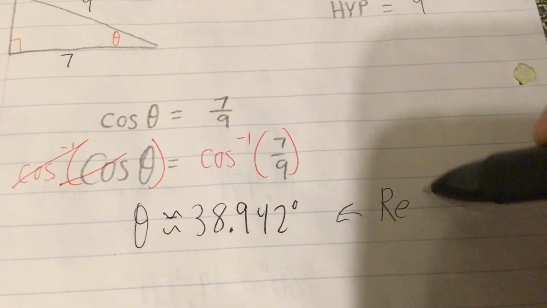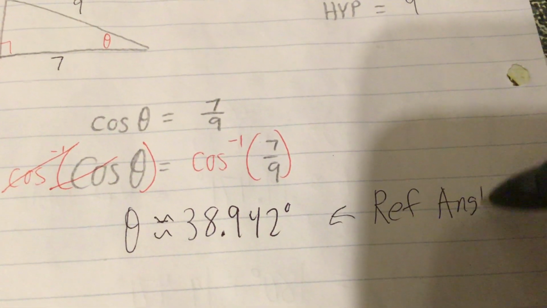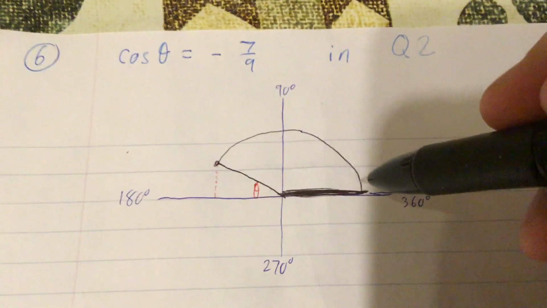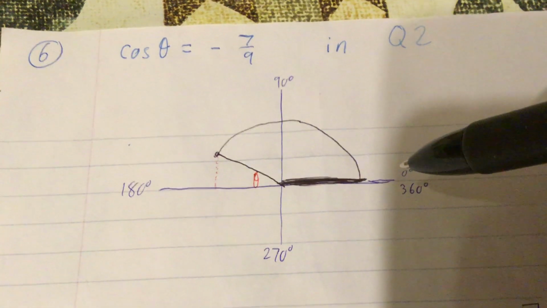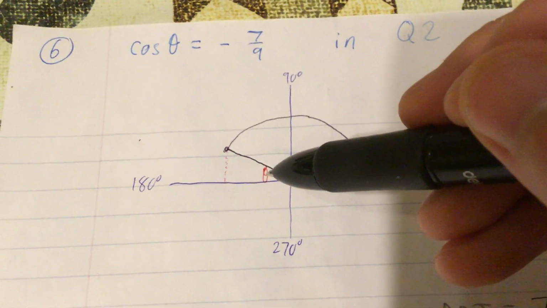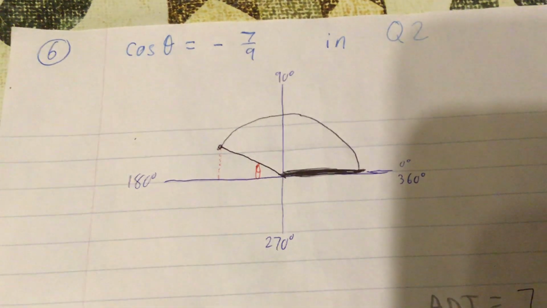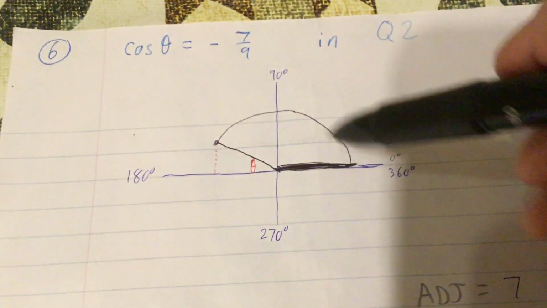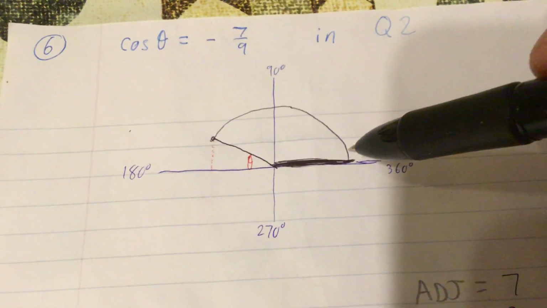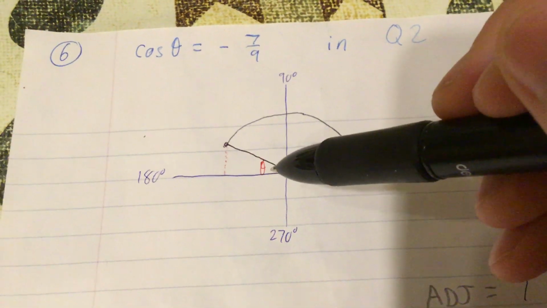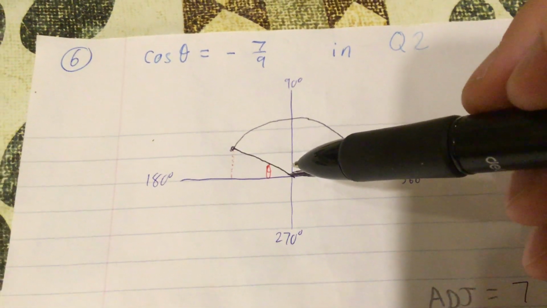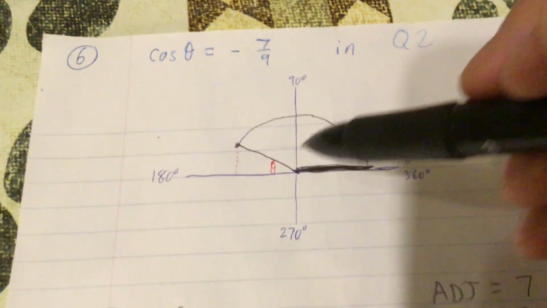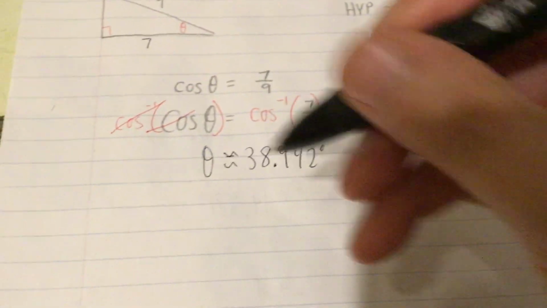Let's solve for the arc. Now that I want to solve for the arc in quadrant 2, if I know what angle theta is, how do I figure out what the arc is? If they are supplementary, if the arc plus the angle makes 180 degrees, I'm going to subtract the reference angle and get that black arc.